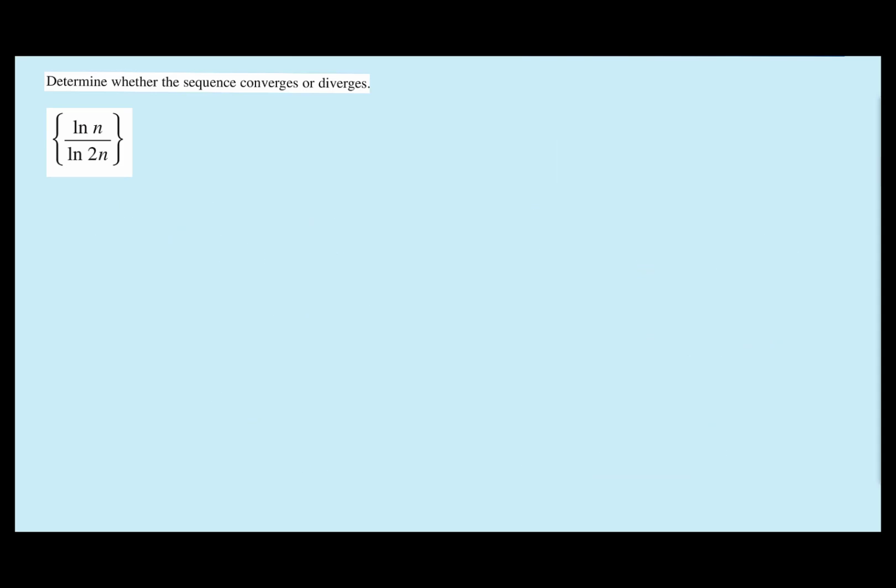In this question, the notation is a little bit different, but this just means that the formula for a sub n is ln of n divided by ln of 2n. So what happens if we take the limit? This is going to be infinity over infinity, because ln of infinity is infinity, which is an indeterminate form, so let's use L'Hopital's rule. We take the derivative of the top and the bottom.